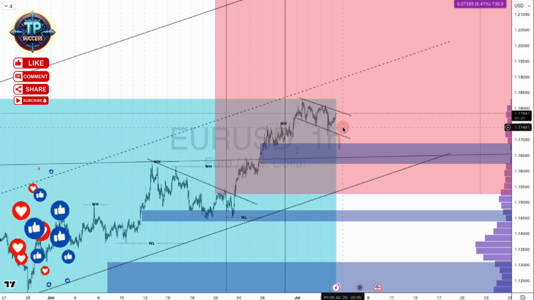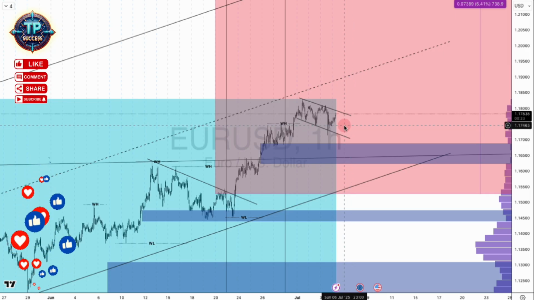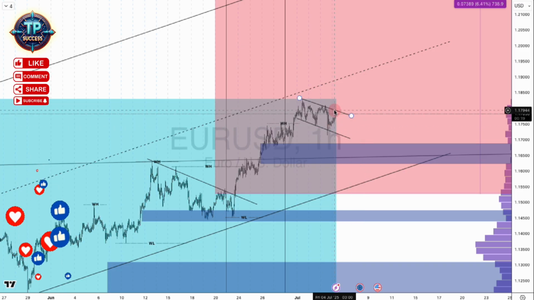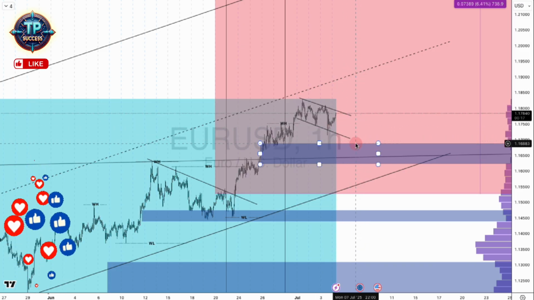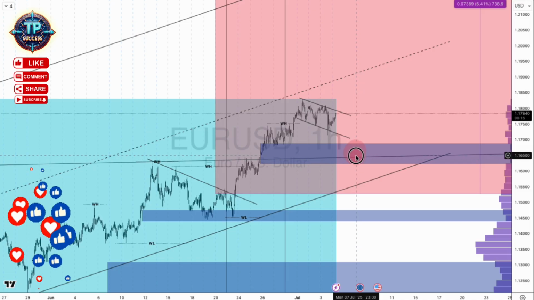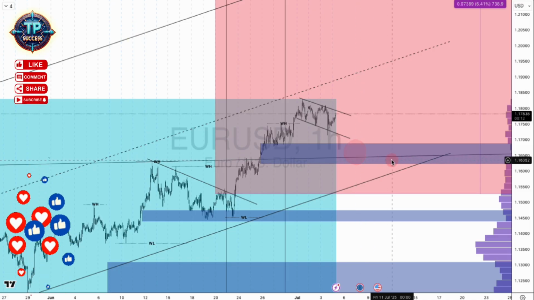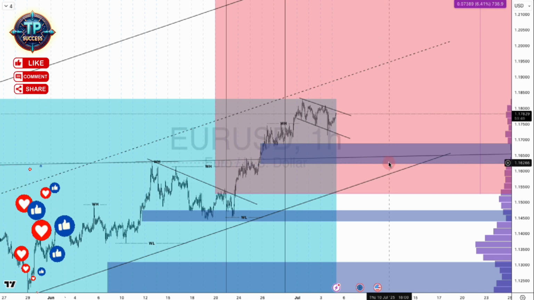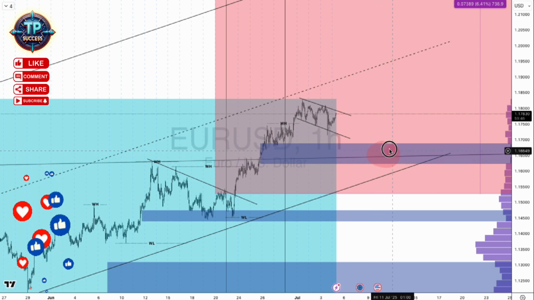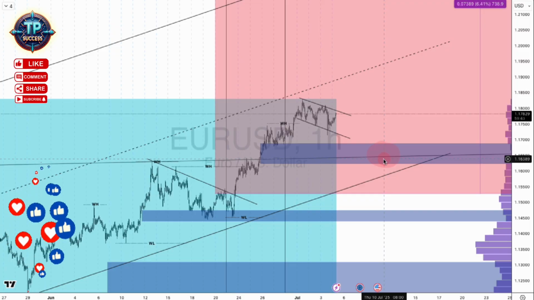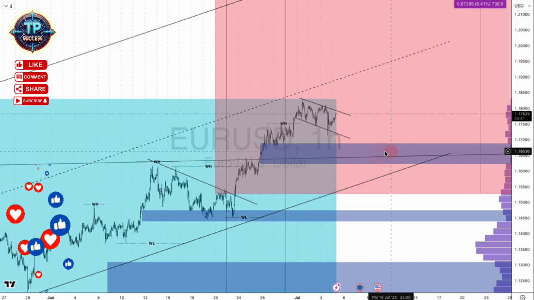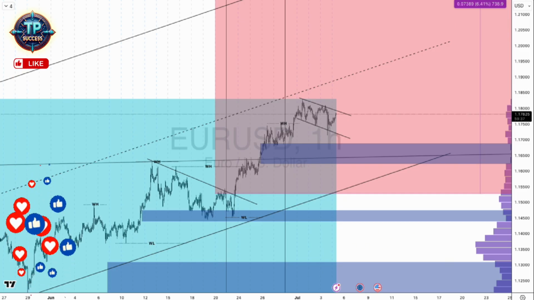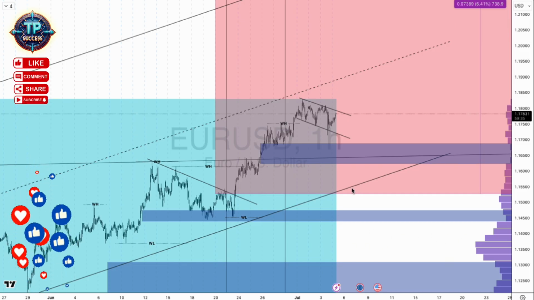So if you're thinking about taking long positions in this trade right now, I would want to wait in this area right here for buys to the upside. Price may want to come back into this zone, which is the low value node area, to test this level before it blasts off to the upside.